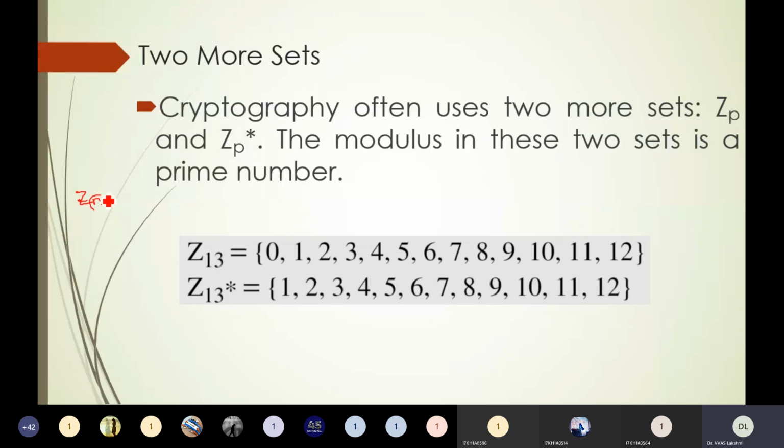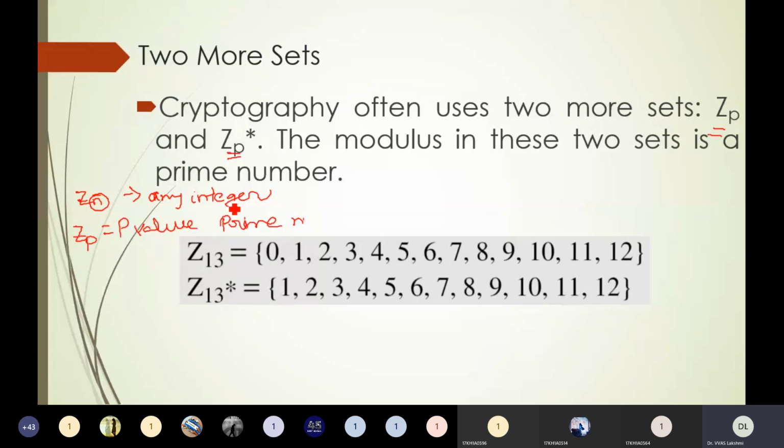But Zp and Zp star are 2 more sets used in cryptography. Here Zp means the p value should be a prime number.